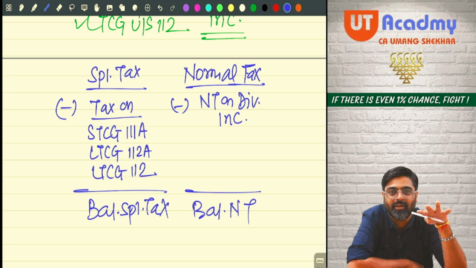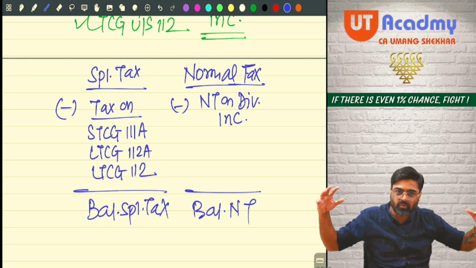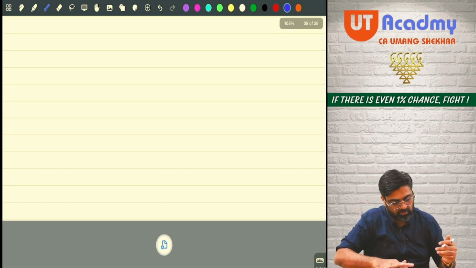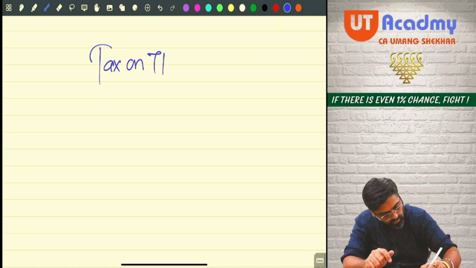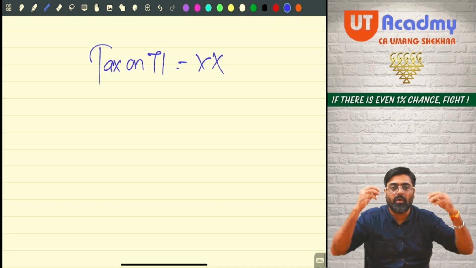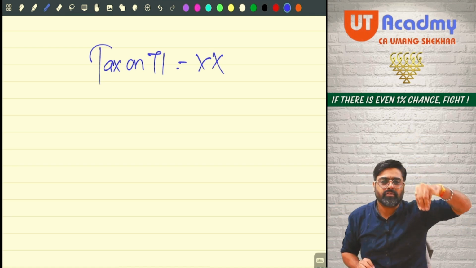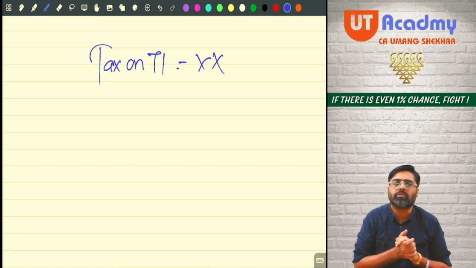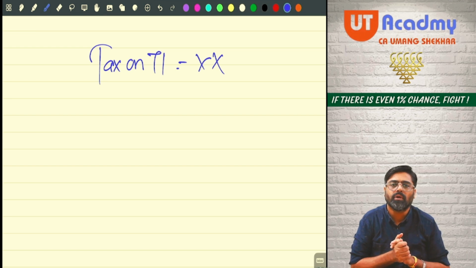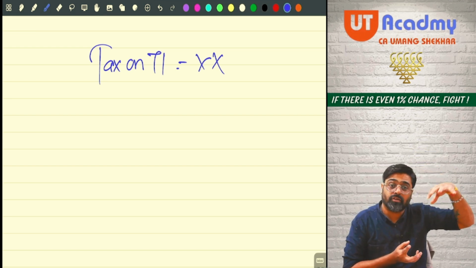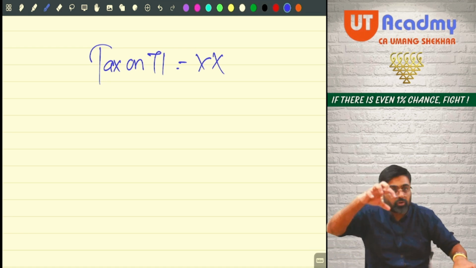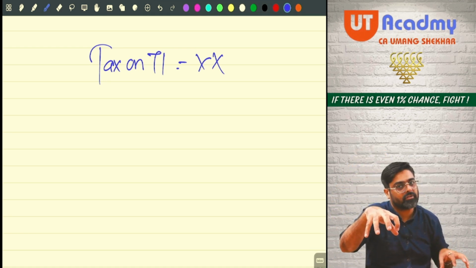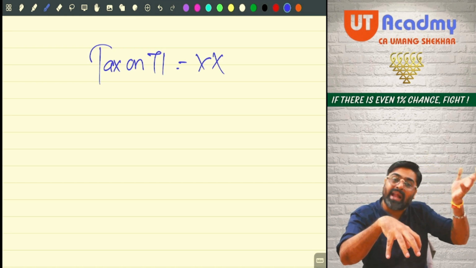Getting my point? So whenever you calculate the tax, wait, your tax on total income, this entire tax, come on, think. Will this tax include taxes on special incomes? Will this tax include taxes on your normal incomes? All the taxes will be here. So on this entire tax, I will not apply 25%.